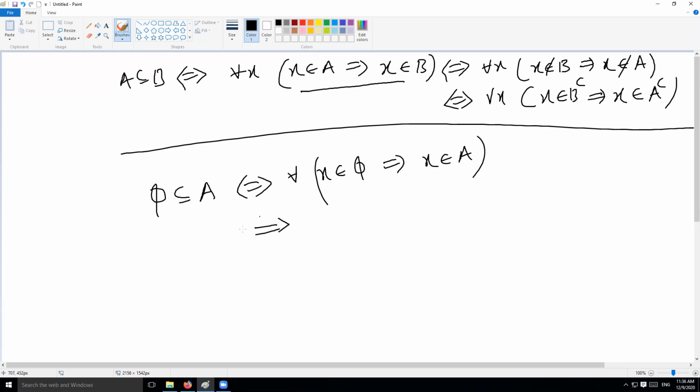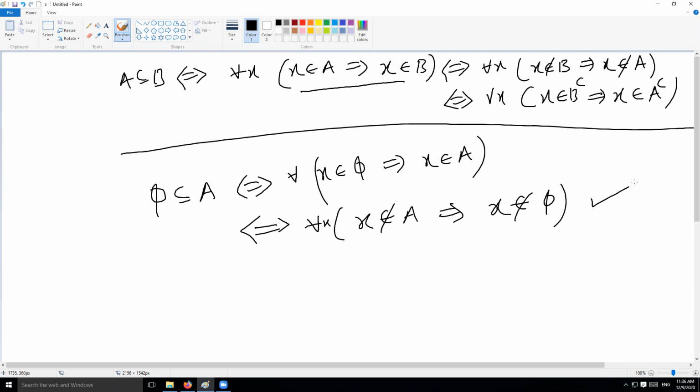But if you think about the contrapositive of it, it makes complete sense. For all x, if x does not belong to A, this implies that x does not belong to phi. Is this statement true?